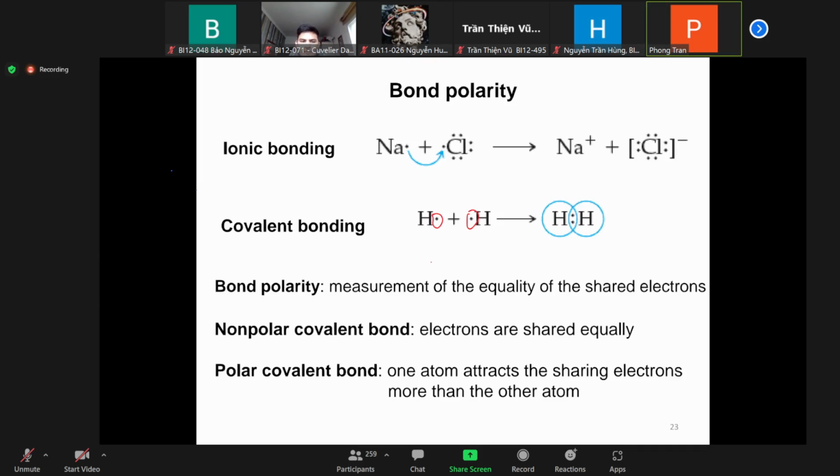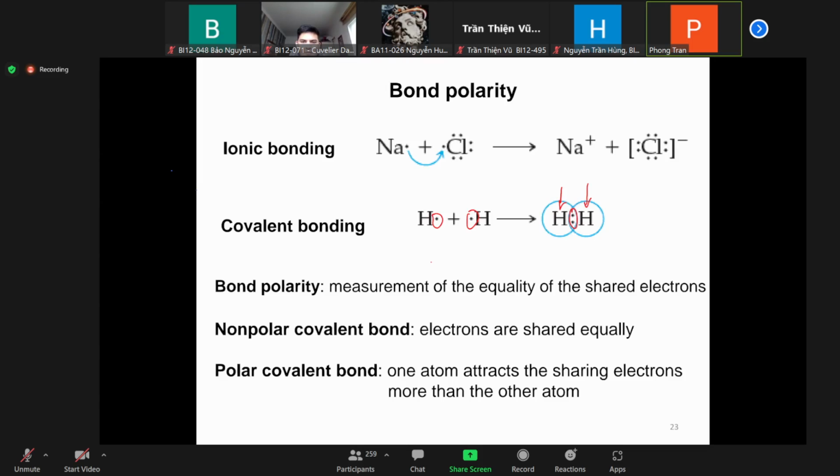The two electrons are supposed to be equally shared between the two hydrogen atoms. So the electron density localized on this hydrogen and on the other hydrogen will be equal.